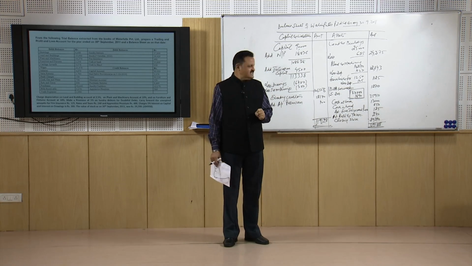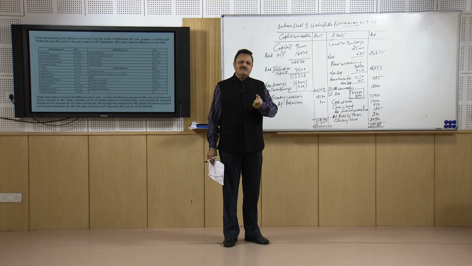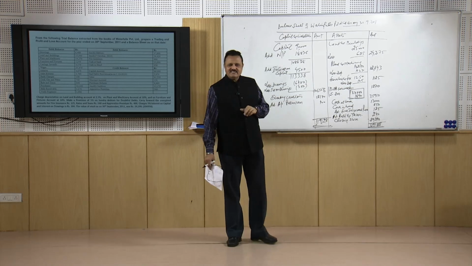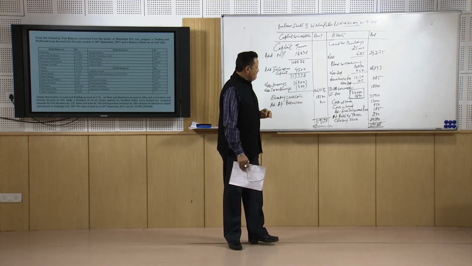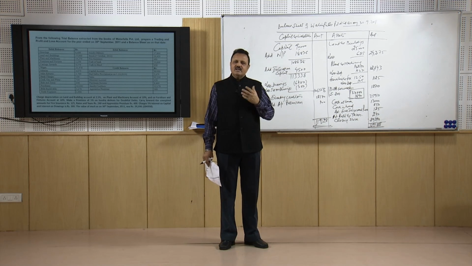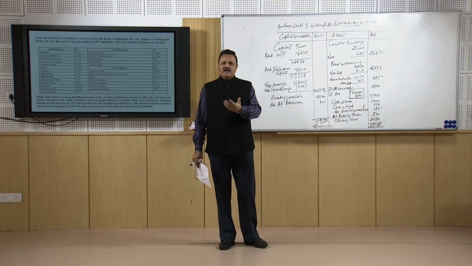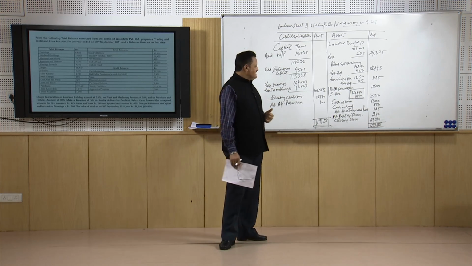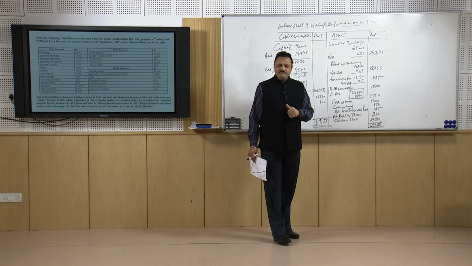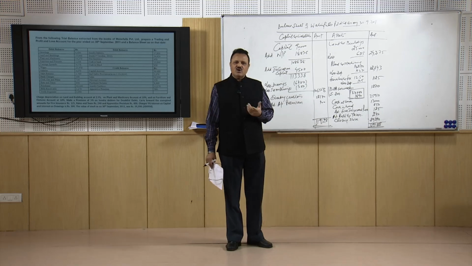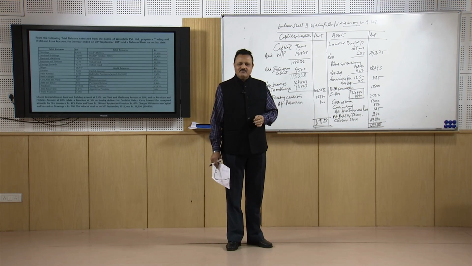The language is written such that, for example, XYZ Limited company is the buyer from this company. XYZ Limited has purchased goods worth rupees 1270 from Waterfalls Private Limited, and they will pay at the end of the credit period, after 2 or 3 months, whatever credit period is agreed between the two. They will pay back 1270 at the end of 60 or 90 days to Waterfalls Private Limited.